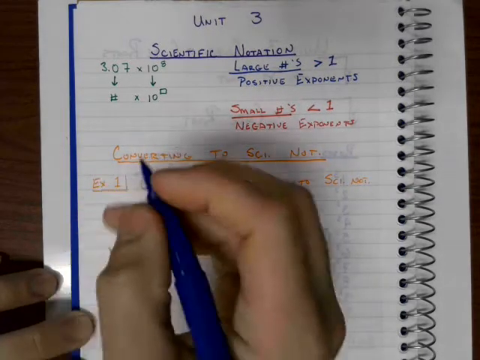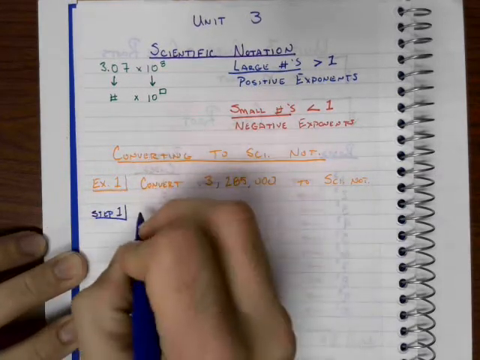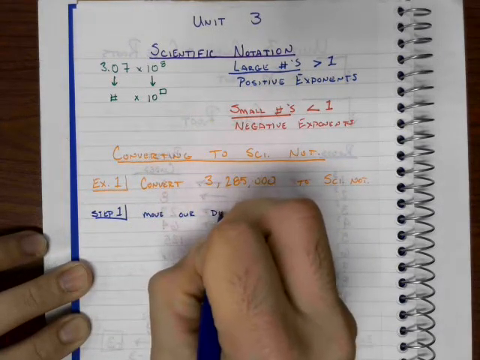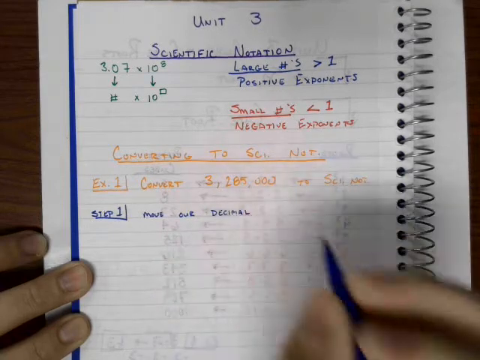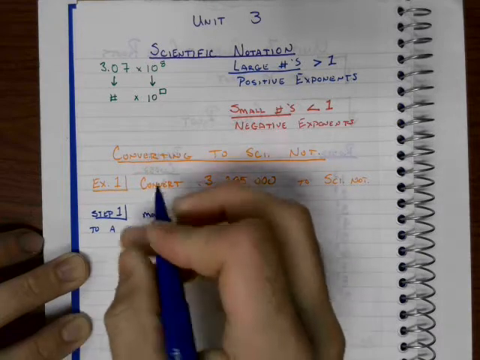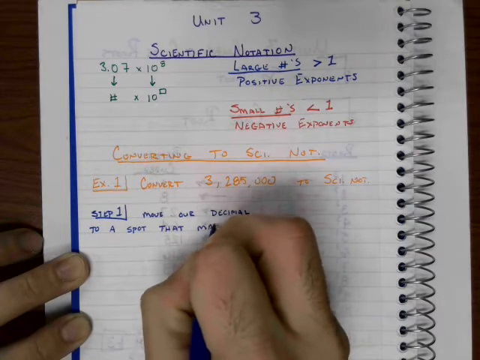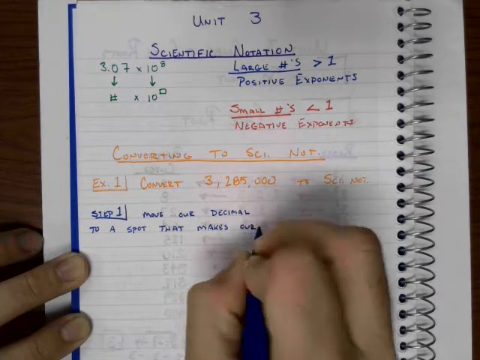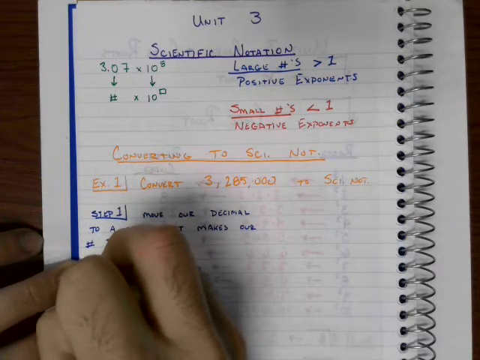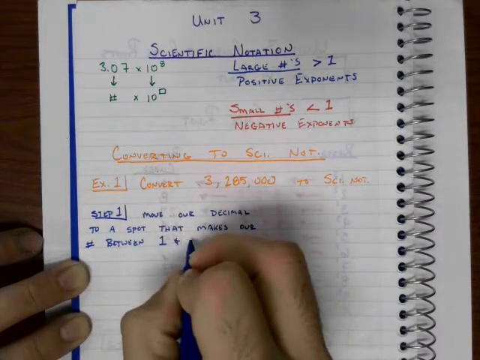So the first thing we're going to do, we're going to move our decimal to a spot that makes our number between 1 and 10.